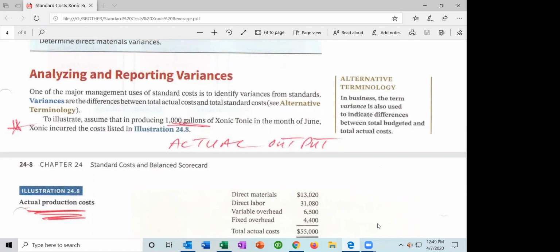We are using the same budget assumptions, the same quantity and price assumptions, but at the actual level of output, not the budgeted level of output. So the very first thing you need to figure out, and probably one of the most important things to look for, is the actual output.